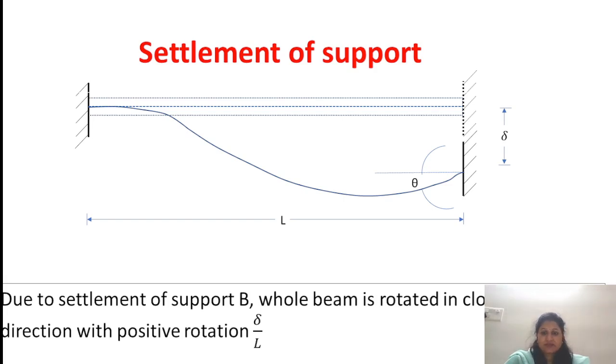At A, the displacement is the same but negative. So at A, delta is negative, and at B, delta is positive.